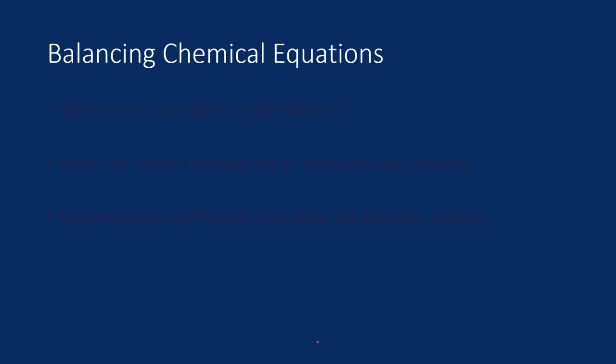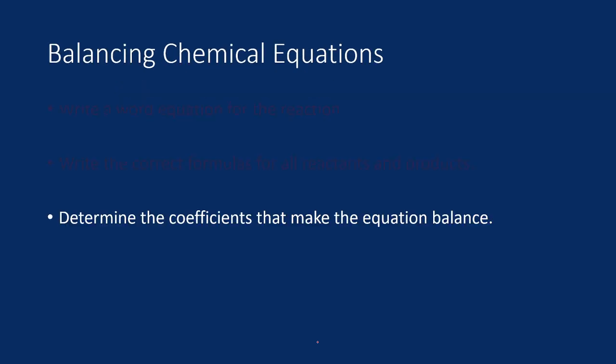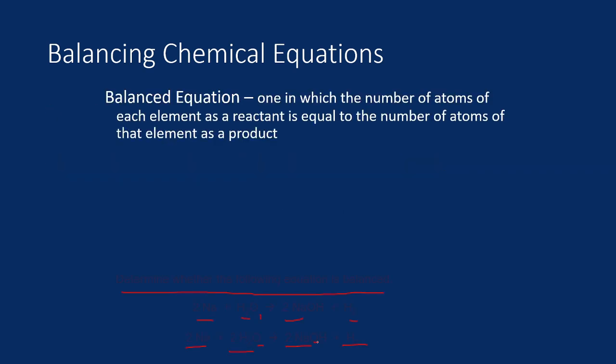Next, determine the coefficients that make the equation balanced. So let me take you back here. These are the coefficients. As we learnt in math, if it is written 2x in algebra, for x, 2 is the coefficient.